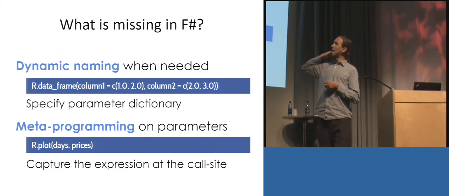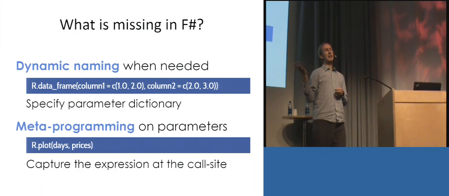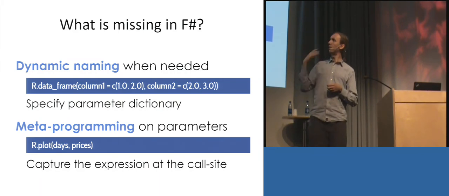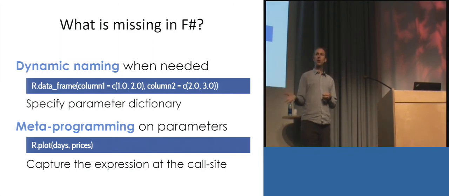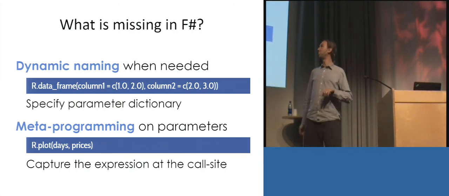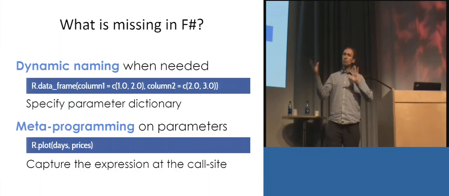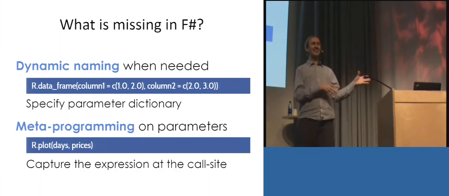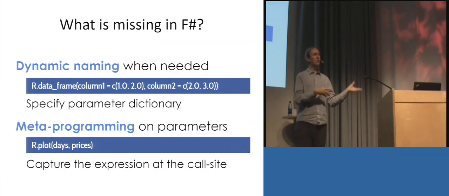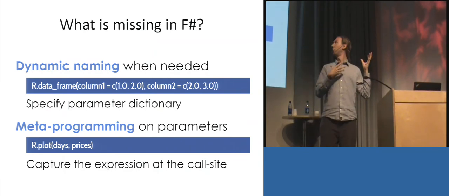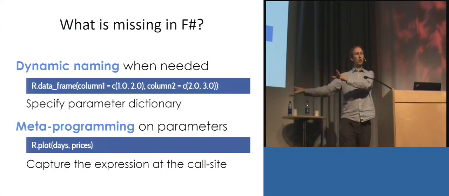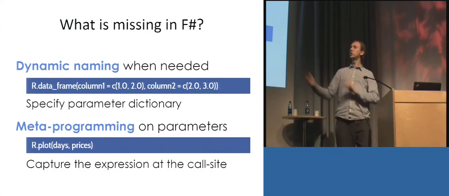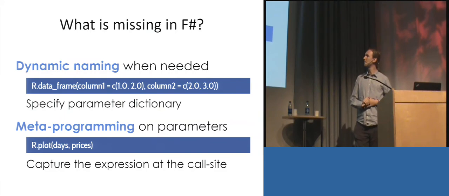So here, it would be kind of helpful if I could just dynamically specify the argument names, or have some way of saying, well, this function takes parameters and you can give it anything. So that's bridging the rigid, statically typed world in F#, which works really nicely when your outside world is nice, but if your outside world is messy, then having some sort of escape route is interesting.